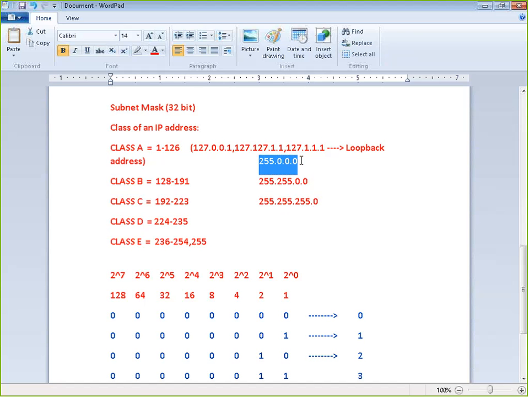Can you tell me something different or specific that you notice about this value of the subnet mask? Can you elaborate on your answer a bit?